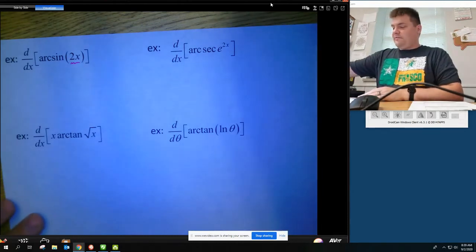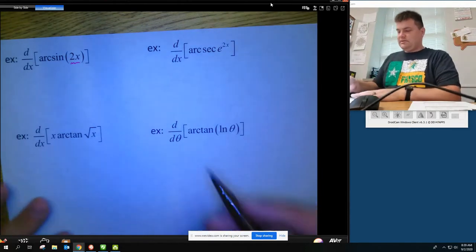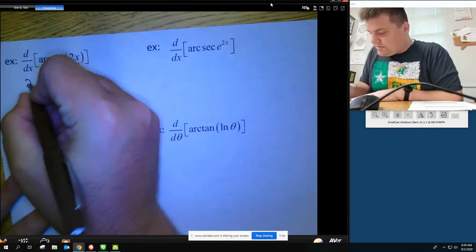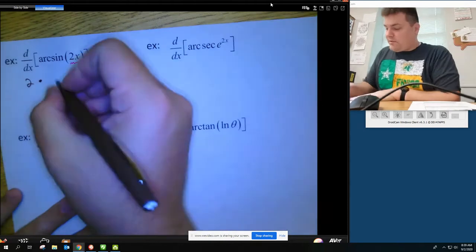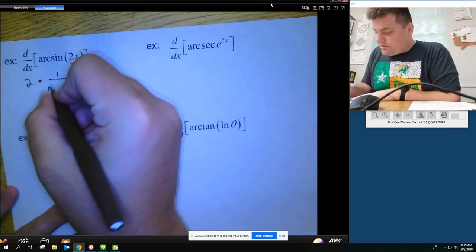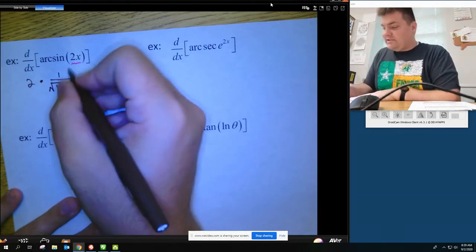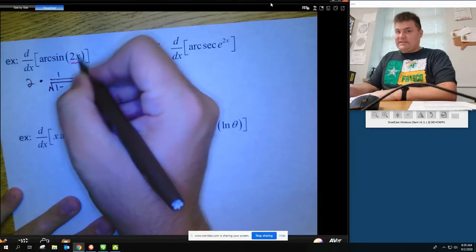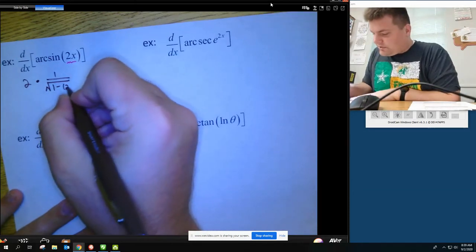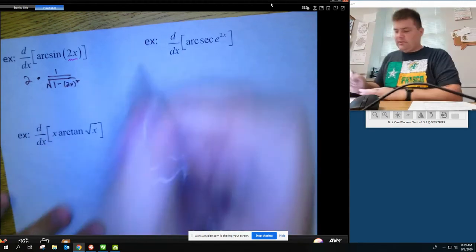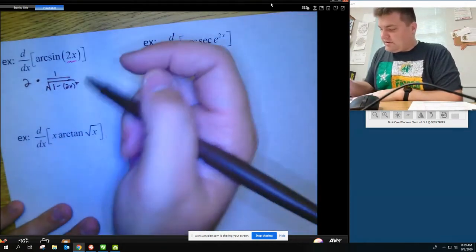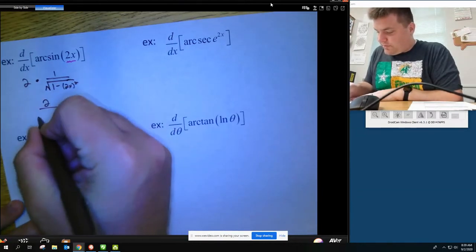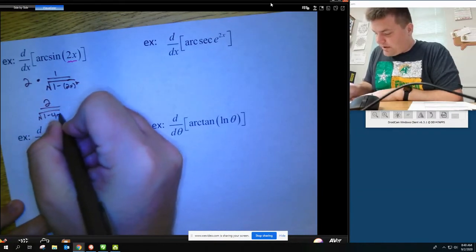The derivative of 2x is 2, times the derivative of the arc sine, which is 1 over square root of 1 minus x squared. But this x, the inside stays the same, is really going to be 2x all squared. Okay, and then simplifying this, making it look a little bit nicer, it is 2 over root 1 minus 4x squared.